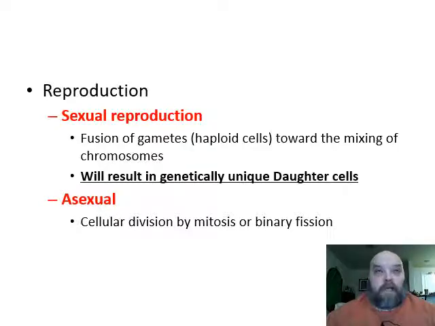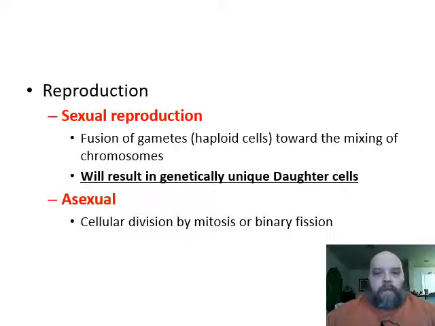This resulting daughter cell is genetically unique. A mix of the genes that were in the sperm, a mix of the genes that were in the egg, come together, form something new. Look at you. Take you, for instance. You kind of look like your mom, kind of look like your dad, but you're unique.